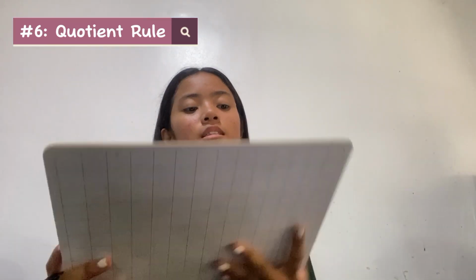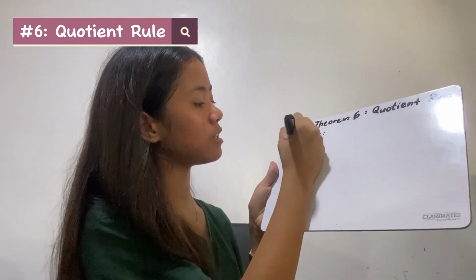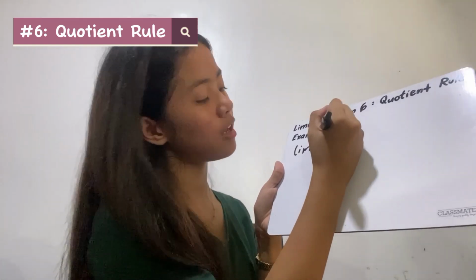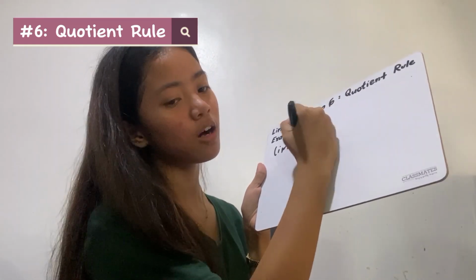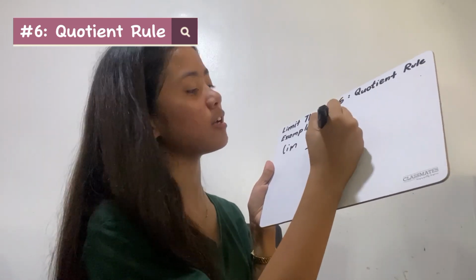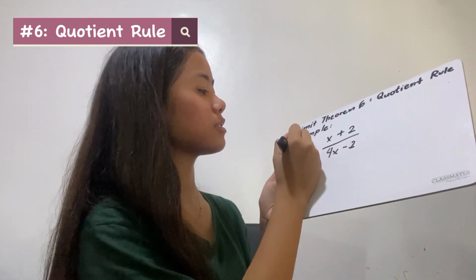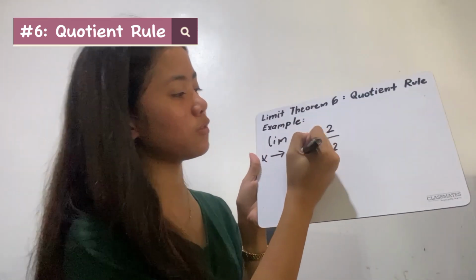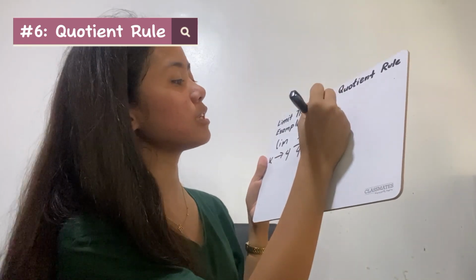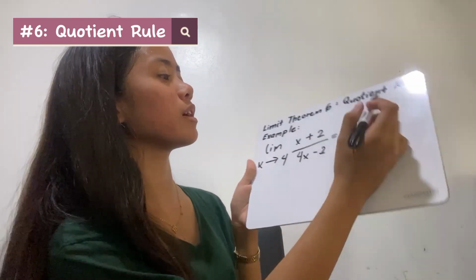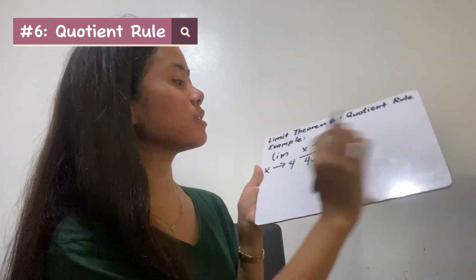So, let's have an example number 2. The limit of x plus 2 over 4x minus 2 as x approaches to 4. Tapos equals, kailangan mo munang paghiwa-hiwalayin sila.